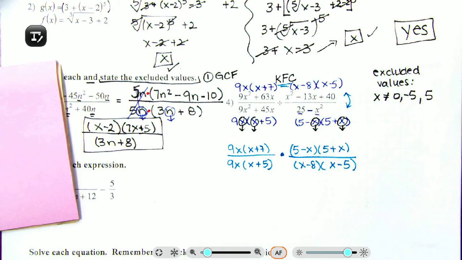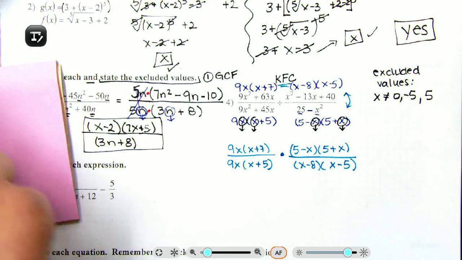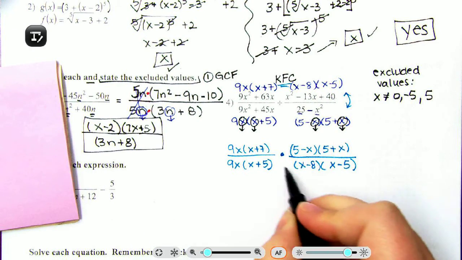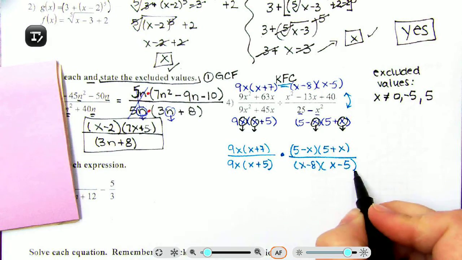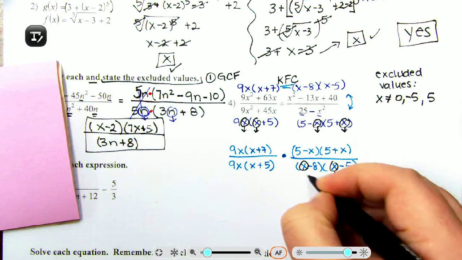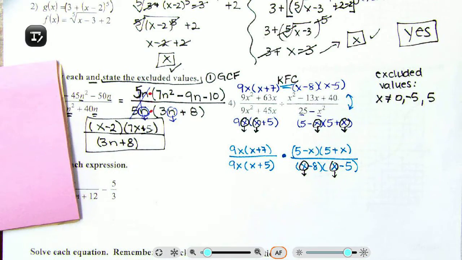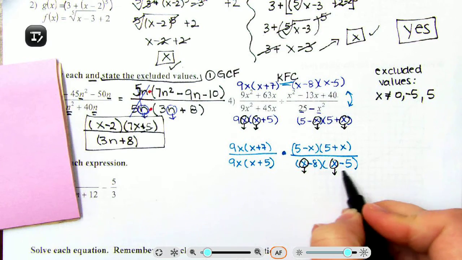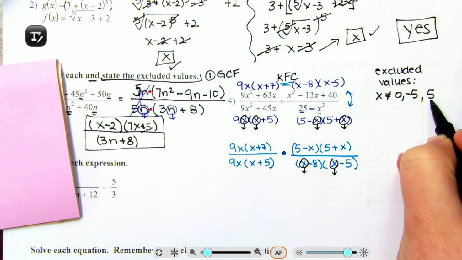Okay, you know how I mentioned you have to state the excluded values? Because you flipped your fraction, there is a new denominator that you have to worry about. So this one here is also part of your excluded values. So what does x have to be in order for this to be 0? It needs to be 5, which we already have.